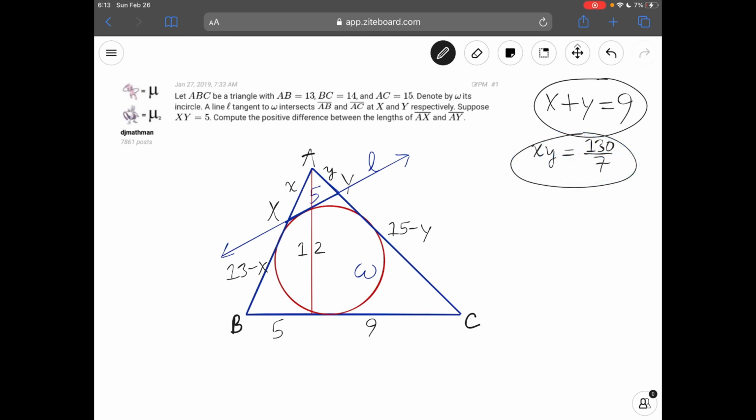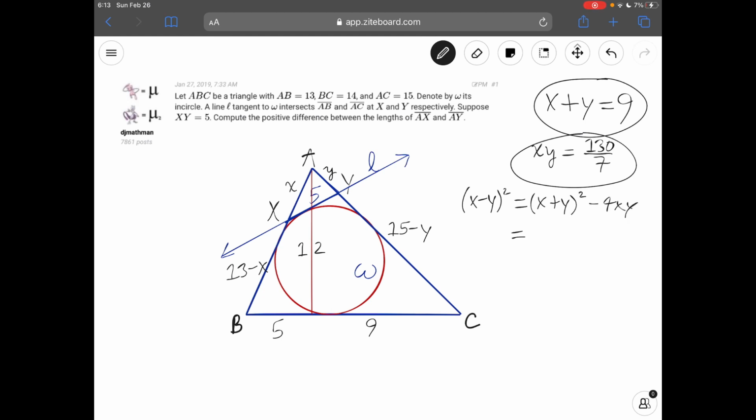The problem wants us to compute x minus y because it says compute the difference between AX and AY, and that's fairly simple here using algebraic manipulation, given x plus y and xy. So recall that (x minus y) squared equals (x plus y) squared minus 4xy.